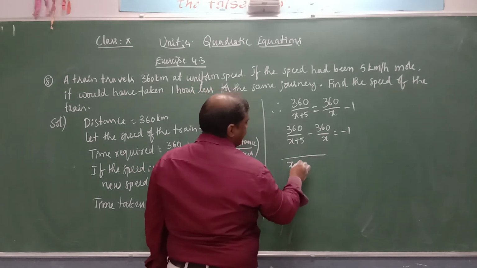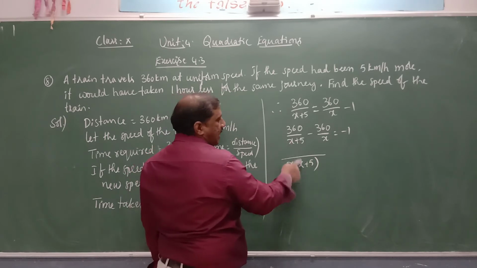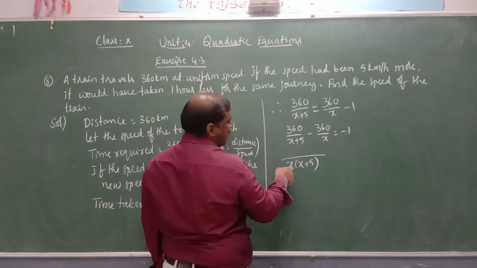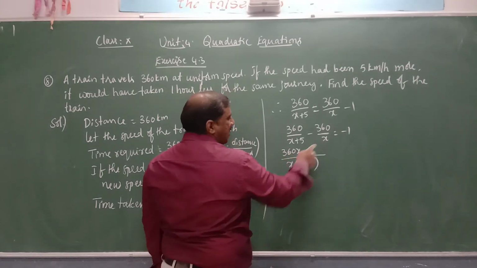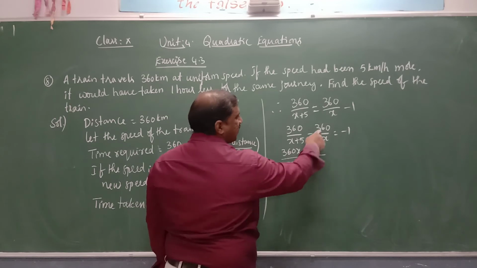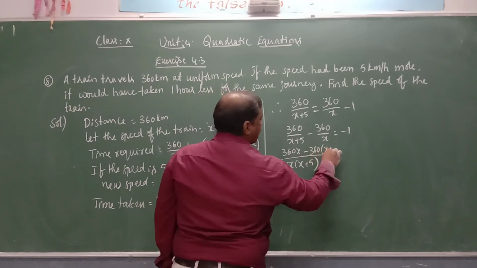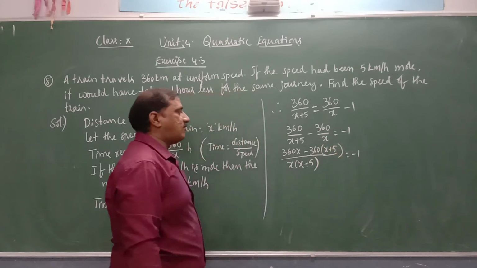LCM will be x into x plus 5. Then divide with x plus 5, x plus 5 will be cancelled, then x is the quotient. 360 into x, it is 360x, minus, divide with x, we will get x plus 5 with 360, that is 360 into x plus 5, that is equals to minus 1.